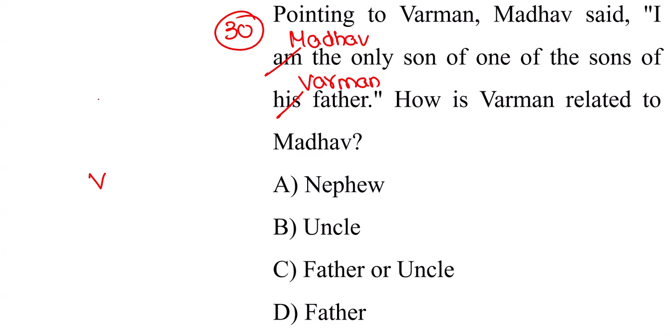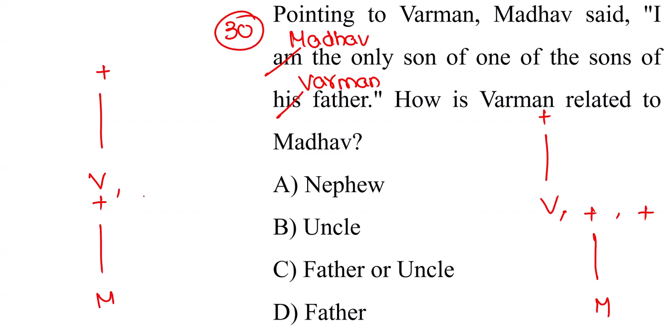Varman's father, one of the sons. Varman's father is having many sons. So one of the sons can be Varman or somebody else also. Their only son is nothing but Madhav. There are many sons for Varman's father.